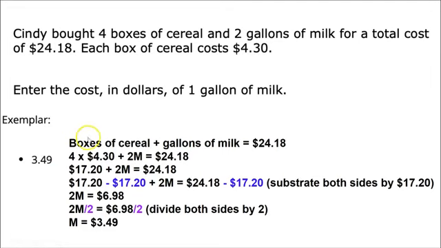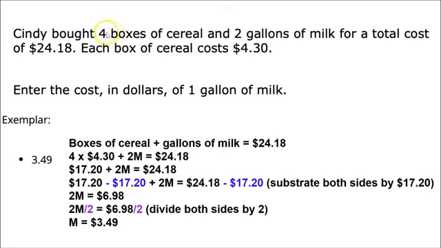So first of all, you have a certain number of boxes of cereal plus gallons of milk, and they're telling you that total cost is $24.18. So now we got to figure out how many boxes of cereal and how many gallons of milk that we are paying for. And so we know that we have 4 boxes of cereal. That's what's listed right here.